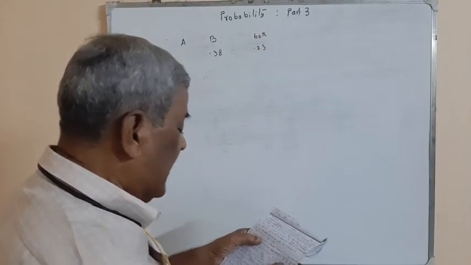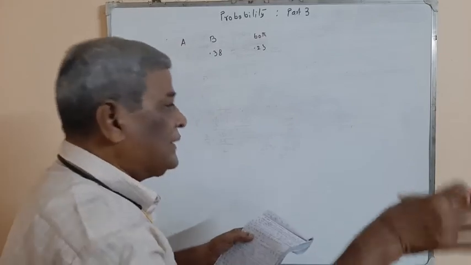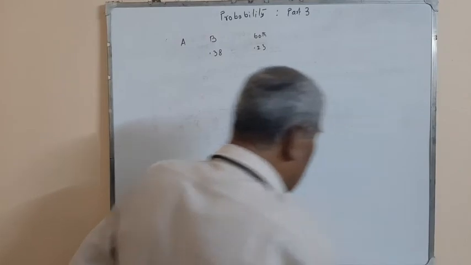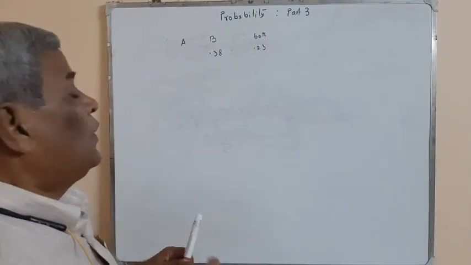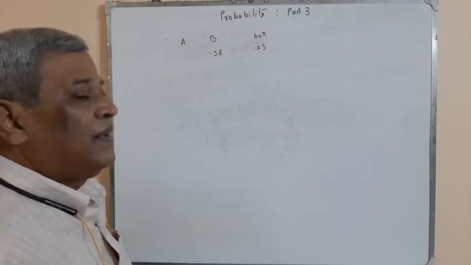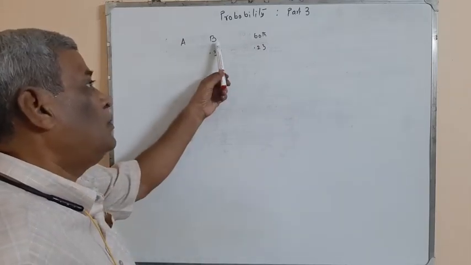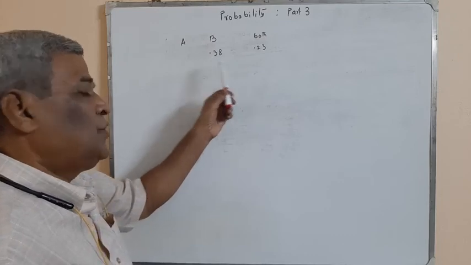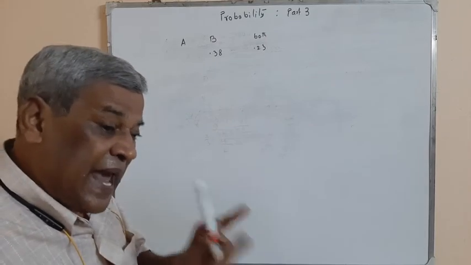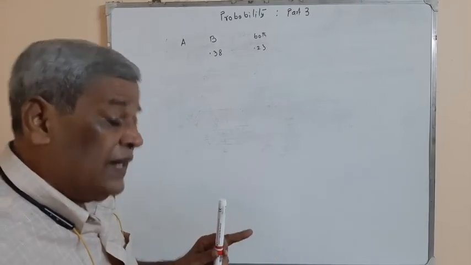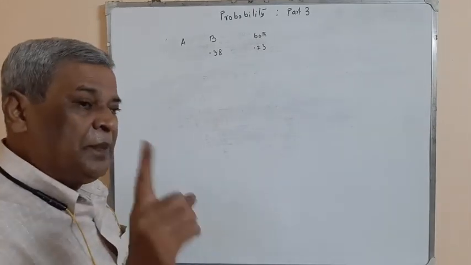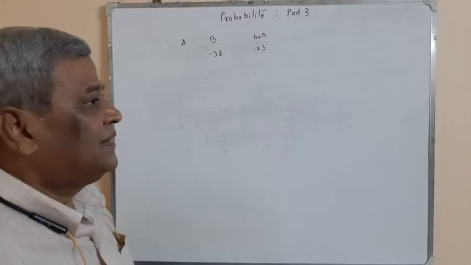Then the probability that B can solve it but A failed. Once again, I am repeating the problem. One problem is given to the two candidates A and B. Given that B alone can solve the problem is 0.38, and both can solve it individually is 0.23. Then what is the probability that B can solve but A failed?